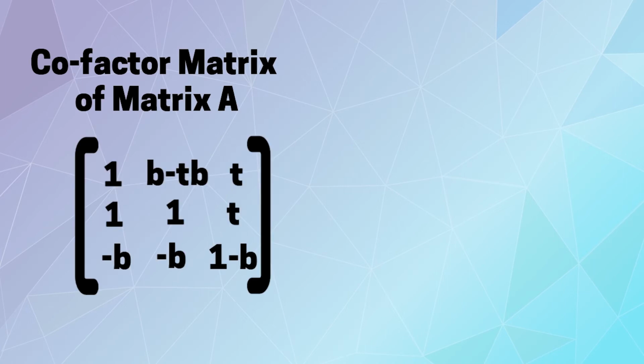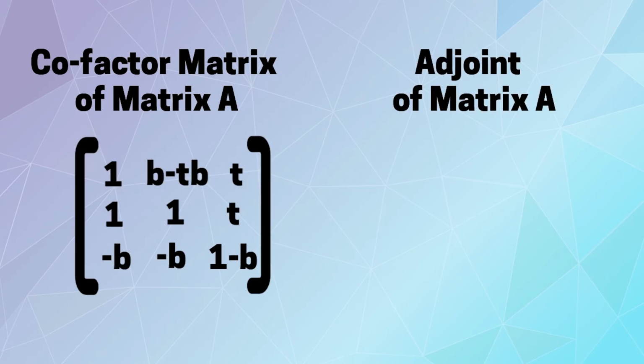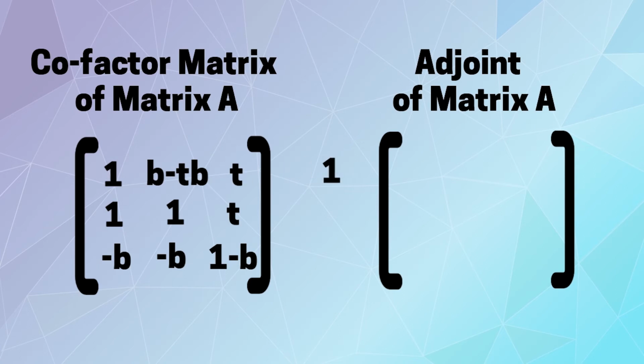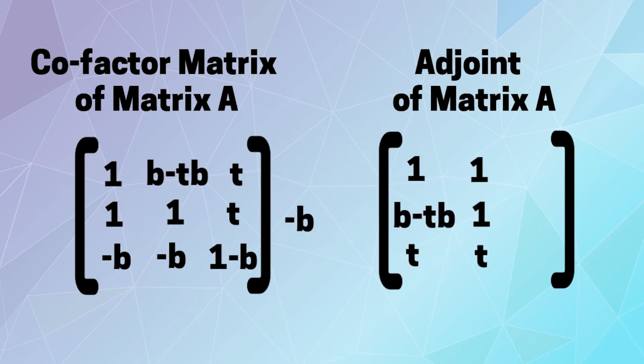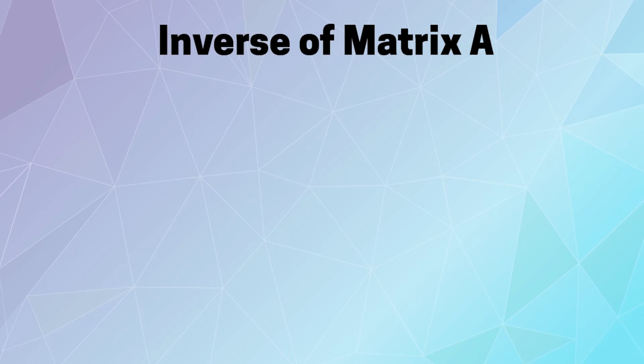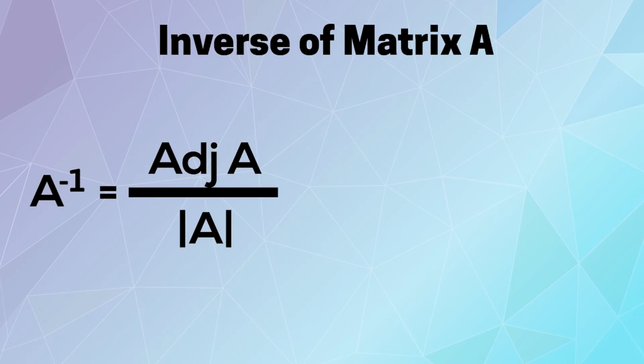And adjoint of A is given by transposing the cofactor matrix, that is, by interchanging the rows and columns. Finally, inverse of the matrix A is given by dividing the adjoint of the matrix by the determinant of the matrix.